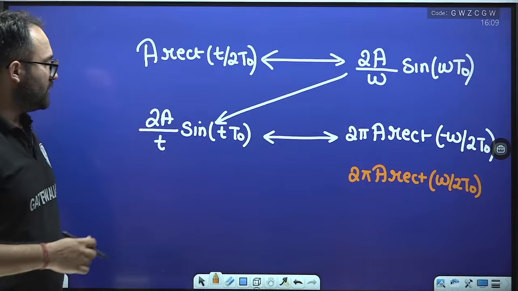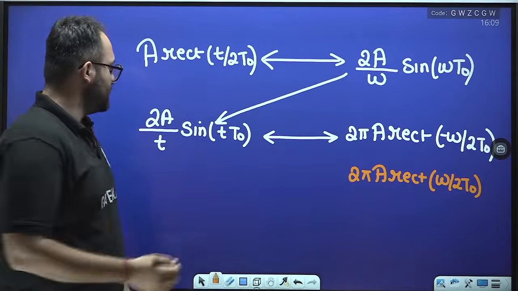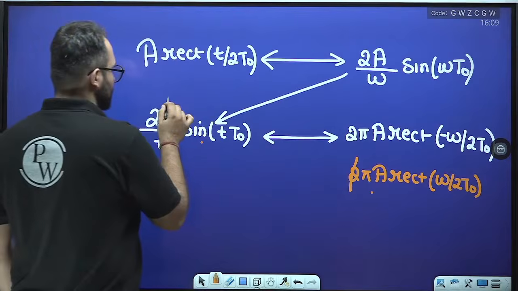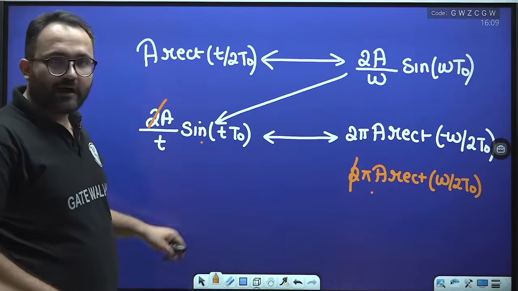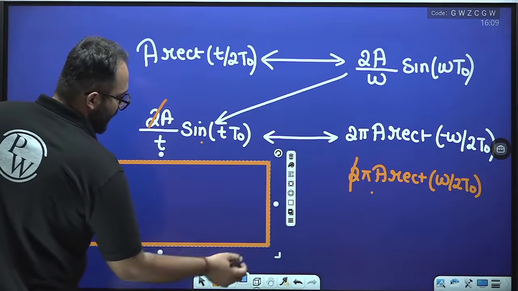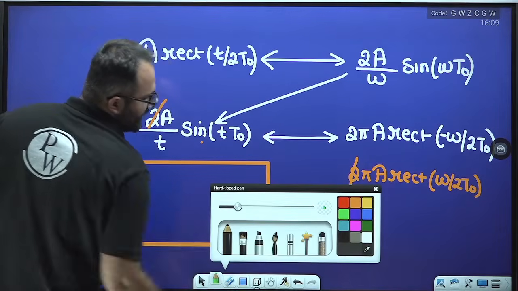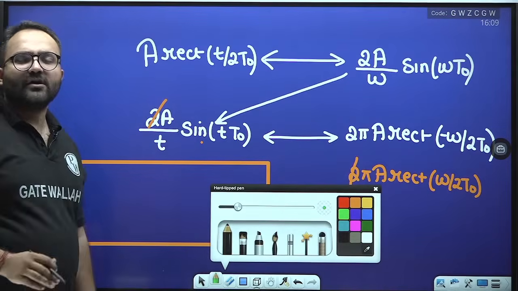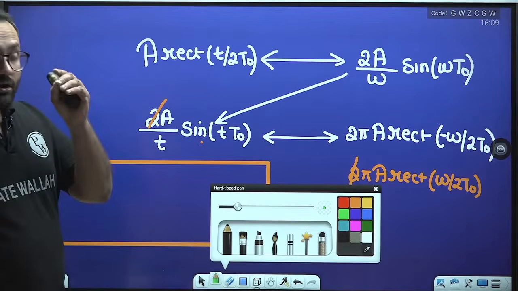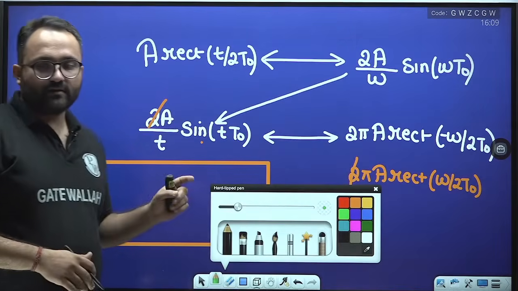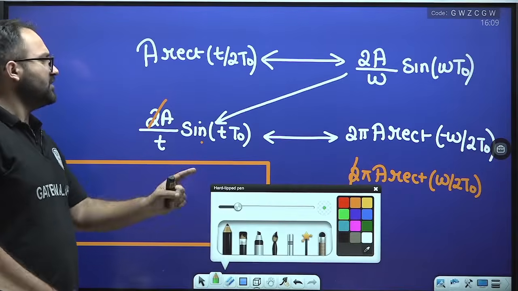Now if we compare the result, this is the time domain signal, this is the Fourier transform. We can cancel this 2 and 2, and take this pi down. This result you have to remember always, because this is one of the most important results, and many times GATE has asked questions on this result, not less than 10 times. If we combine electrical and electronics, they have asked more than 10 times.